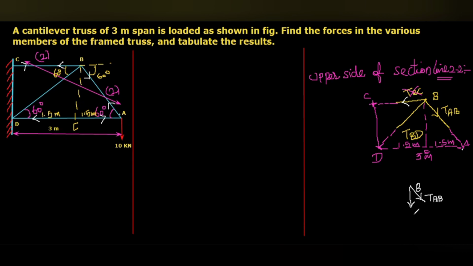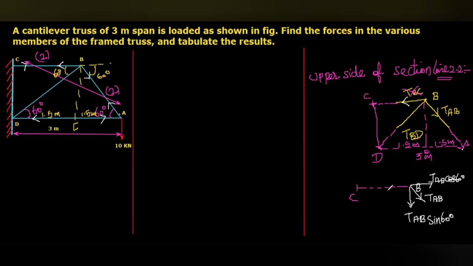So the TAB sine 60 will be downward, and that will act here. Then this one, TAB cos 60.